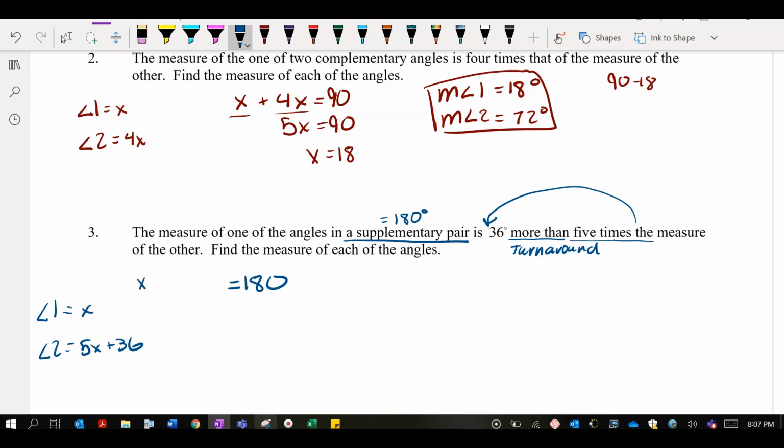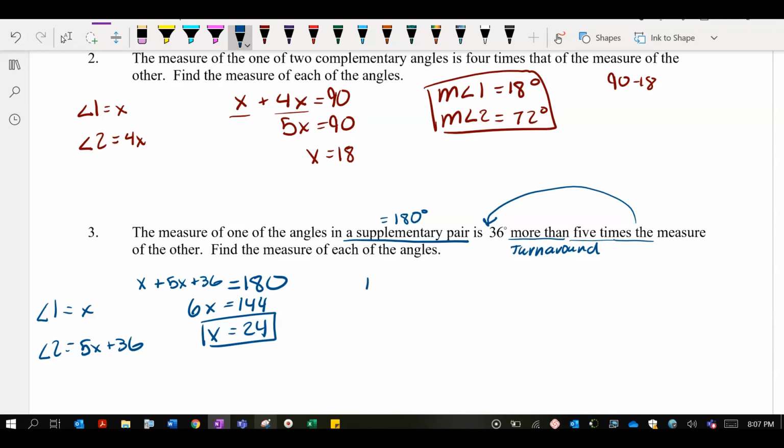So then here I know if I have angle 1 plus 5x plus 36, that will equal 180. I'm going to go ahead and combine my like terms, so I have 6x equals 144. I subtract 36 over, I add x and 5x, and x then will equal 24.